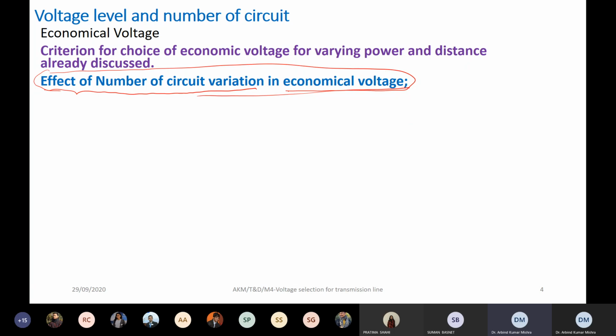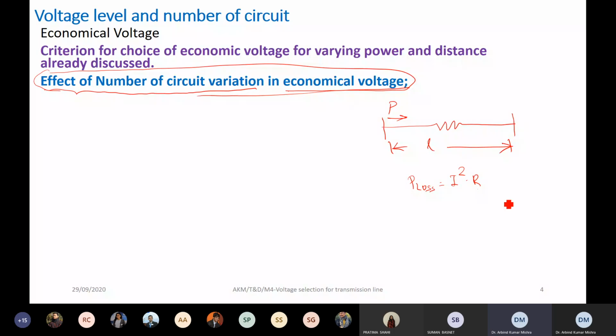Similarly, as we derived for the single circuit, suppose you have a transmission line where power P needs to be transmitted over distance L, in the same way as you derived the expression for P loss. P loss was I squared into R. You have replaced the R, and you know how to replace the I. The only difference with multiple circuits is that in the previous case we assumed the line to be a single circuit, of course three phase, but single circuit.